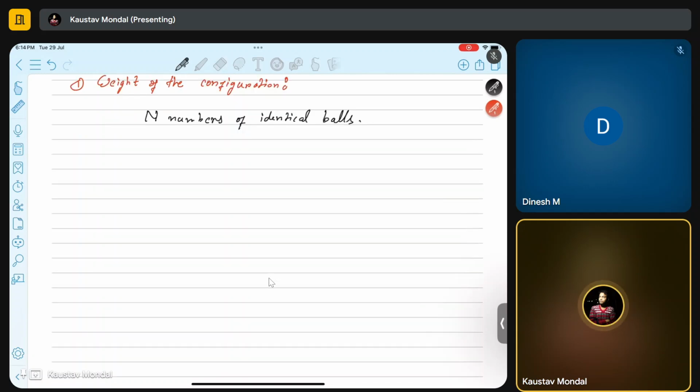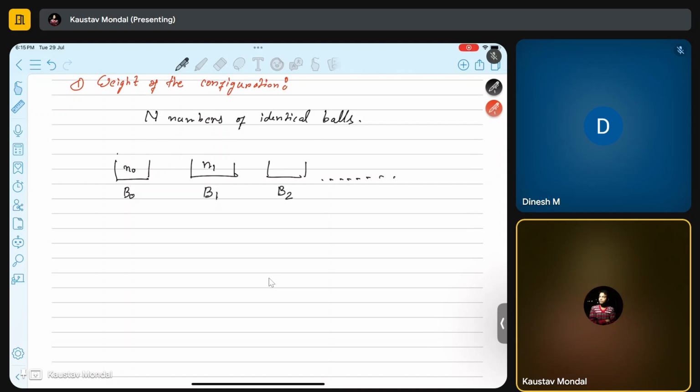Just like the energy states, let's suppose there are some boxes: this is box 1, this is box 2, this is box 3, and so on. Now out of these N identical balls, let's suppose I put n0 balls in the first box, n1 balls in the second, n2 in the third.